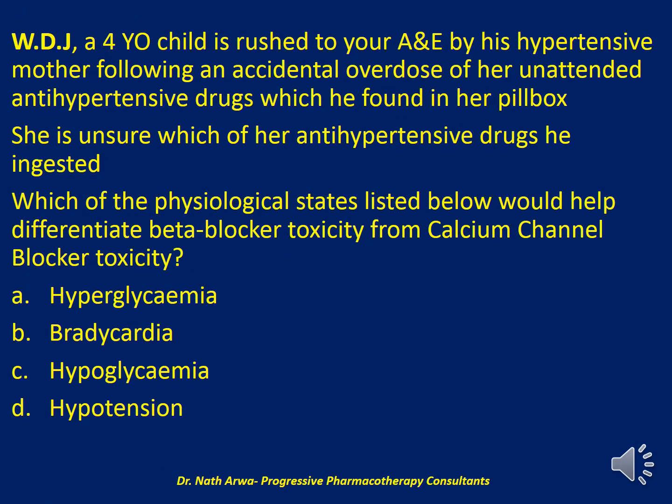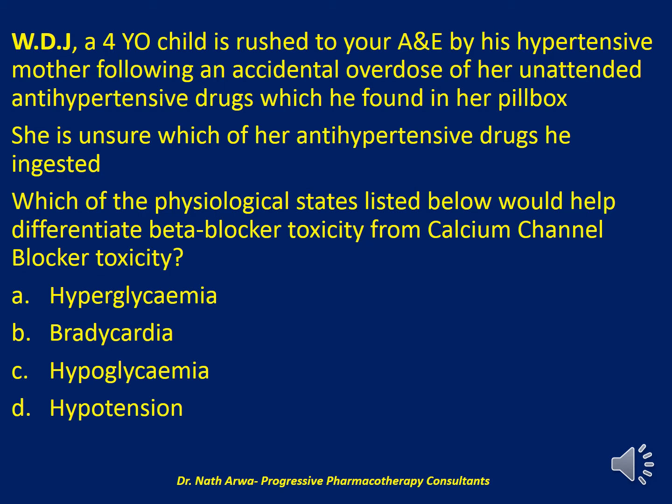And the question reads, WDJ, a 4-year-old child, is rushed to the accident and emergency department by his hypertensive mother following an accidental overdose with her unattended antihypertensive drugs, which this young fellow found in the mother's pill box.